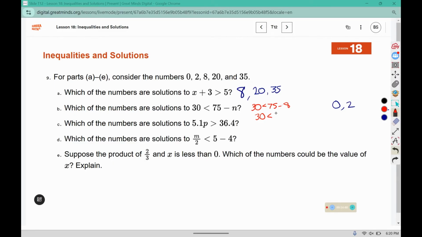75 minus 8 is 67. And 30 is less than 67, so 8 is a solution. 75 minus 20 would be 55. 30 is still less than 55.